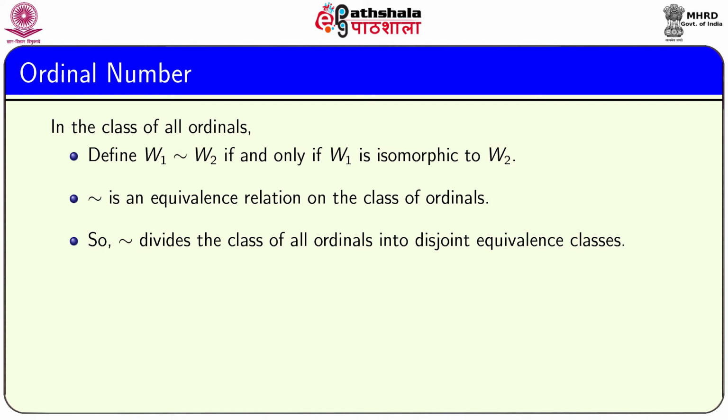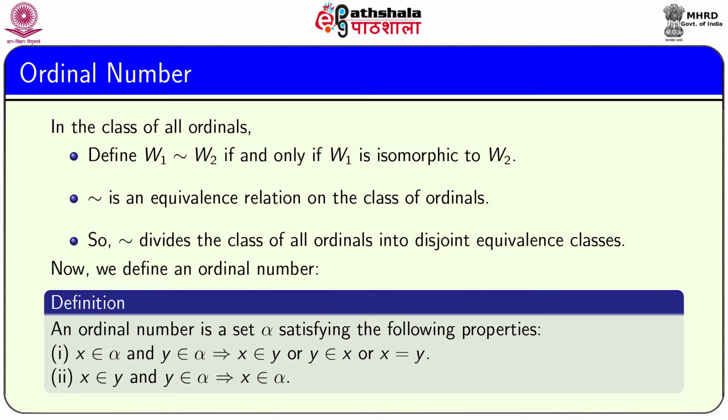This relation is an equivalence relation on the class of all ordinals. So, by means of this equivalence relation, the class of all ordinals is partitioned into disjoint equivalence classes.